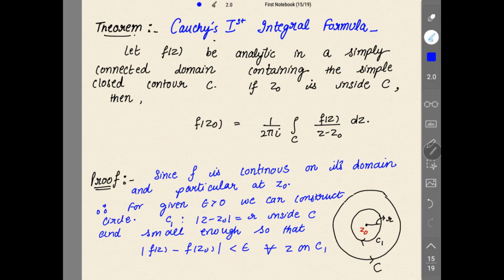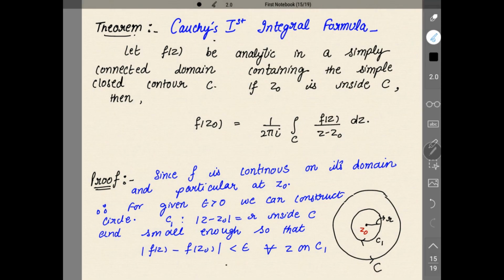Let's mark this as your star. We will be using this later on.